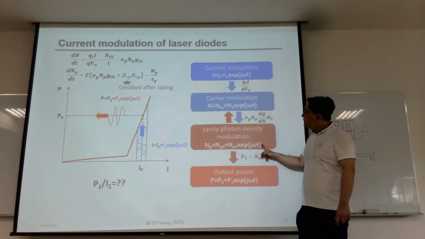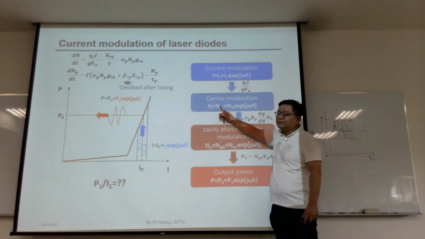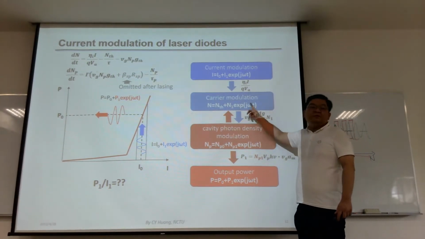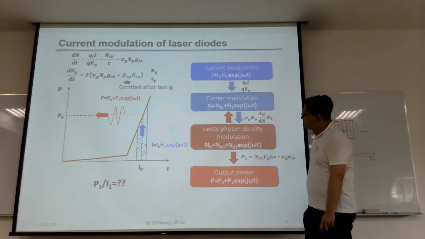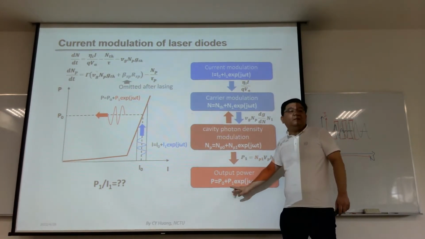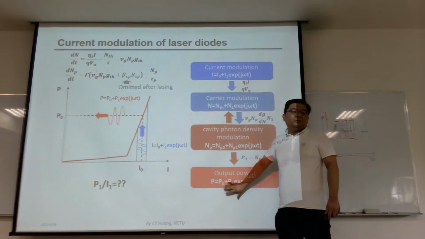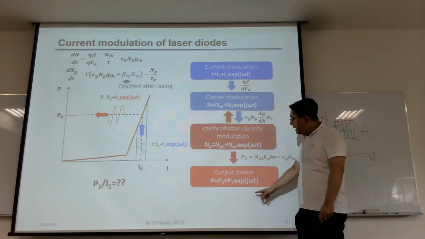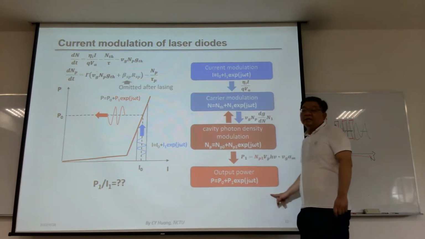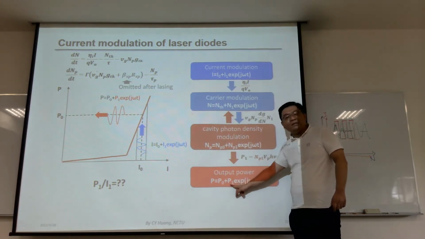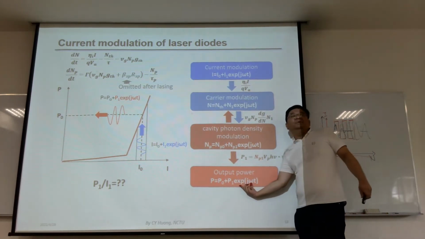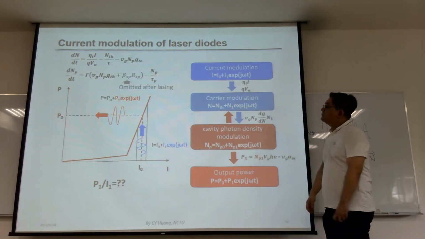And such an oscillating term also influences the carrier density, due to the stimulated emission, since it is coupled. Then part of the photons leaving the cavity become the measurable output power. So that also makes the output power oscillate like this. So you also have the P1 and the oscillating exponential e^(j omega t). Okay.